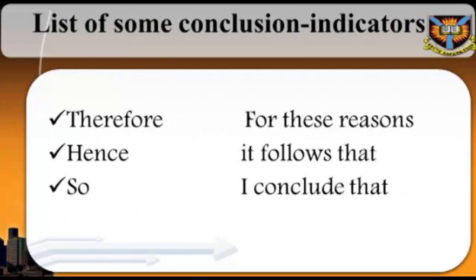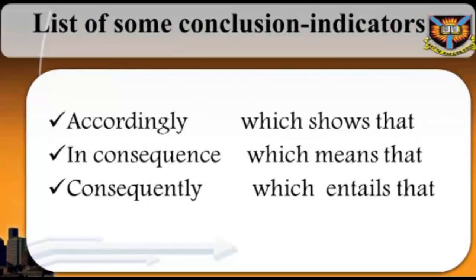The following is a list of some conclusion indicators. Therefore, for these reasons. Hence, it follows that. So, I conclude that. Accordingly, which shows that. In consequence, which means that.